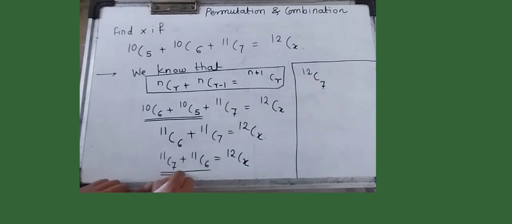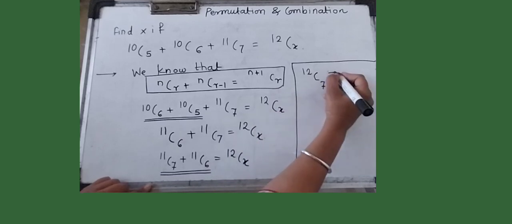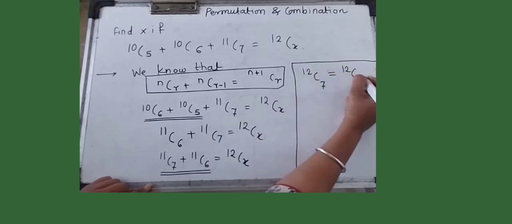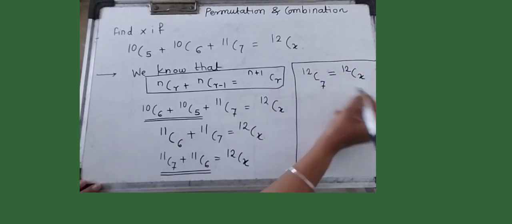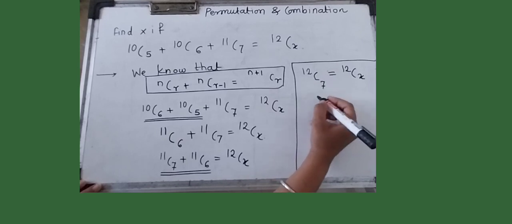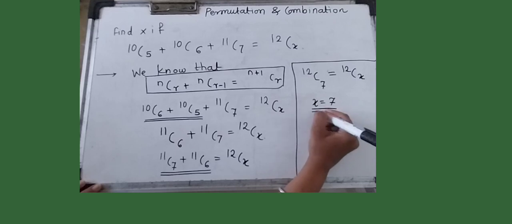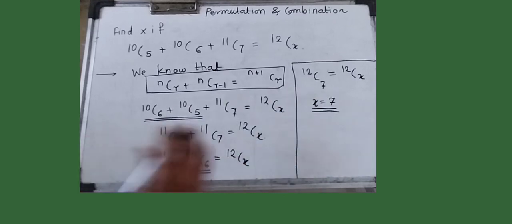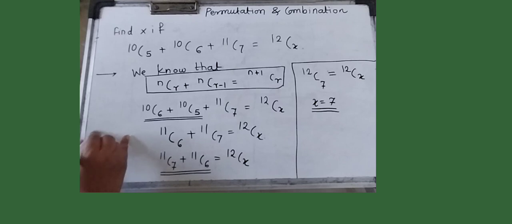Remaining is this side, 12Cx. On comparing both sides, what do we write here? x equal to 7, and this is my answer. See how simple it is. Don't miss out. It is for 4 marks and always asked in exam.